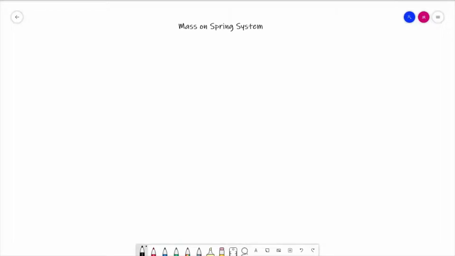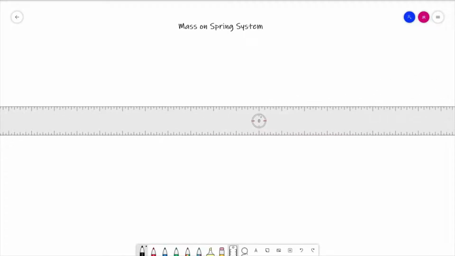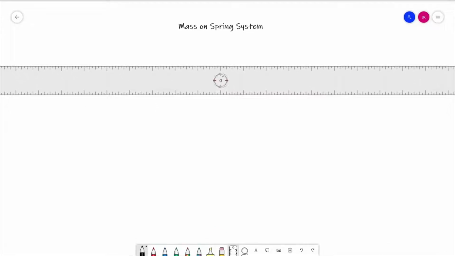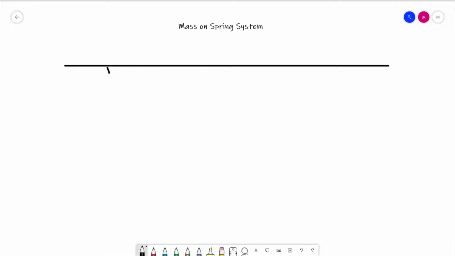So let's just remind ourselves of the basics of a mass on a spring and the basis of Hooke's law before we actually start to look at the oscillating system. So let's just draw a diagram. Okay, so let's just draw the spring first. And this is the unstretched spring.